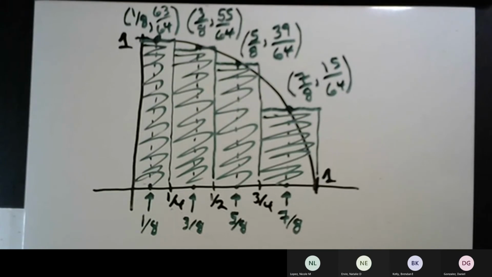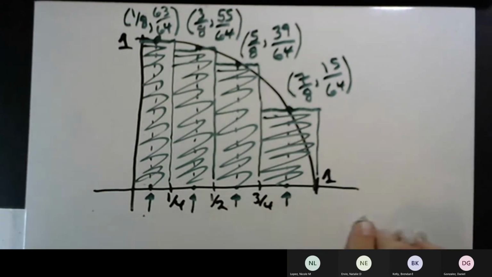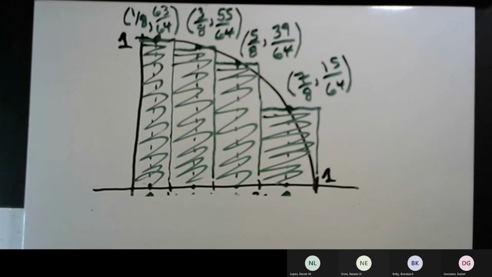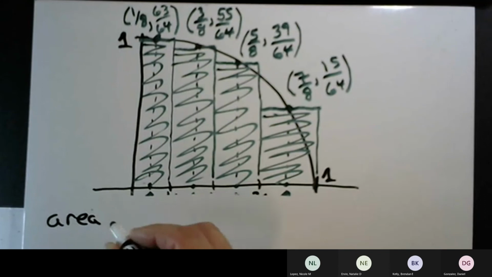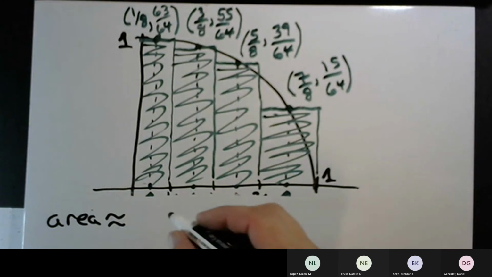So any questions about that? Here, I'll do the addition. We'll erase these here, a little more room. So in this case, for the lower sum, we undershot. For the upper sum, we overshot.